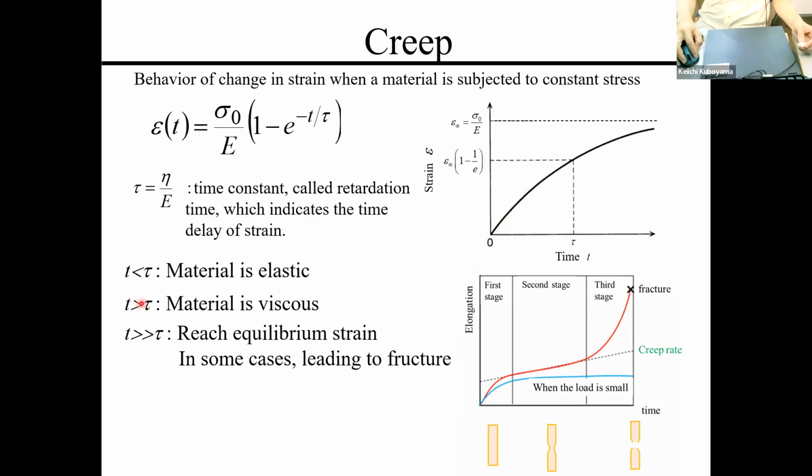But if the time is larger than the retardation time, so strain becomes very large, then this behaves like a viscous material. And if the time becomes very big, it reaches the equilibrium strain, or in some cases, fracture occurs, like this.